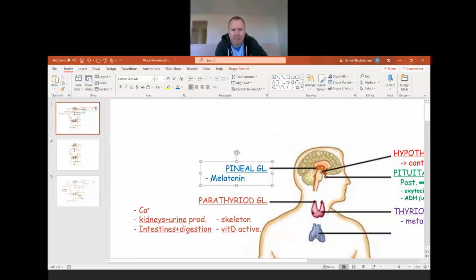And you might have heard of melatonin before. Normally when I ask students, where do we have melatonin? What does it do? If they've just had a look at the skin chapter, they might confuse it with melanin. It has nothing to do with melanin, but melatonin is all about sleep and wake cycle regulation.